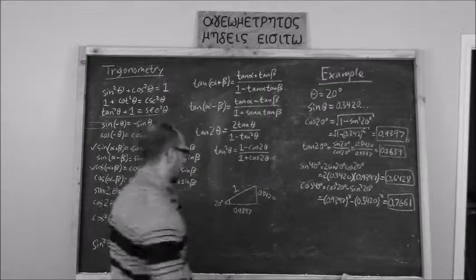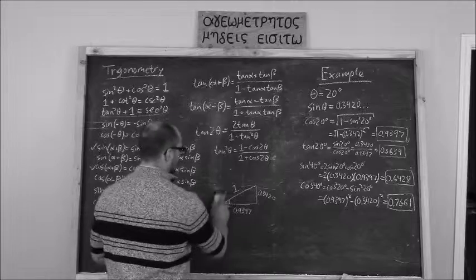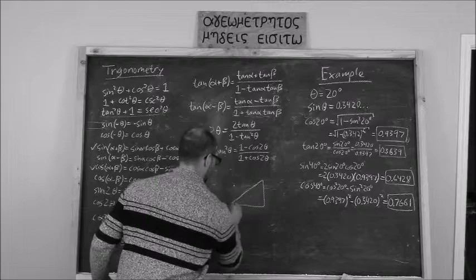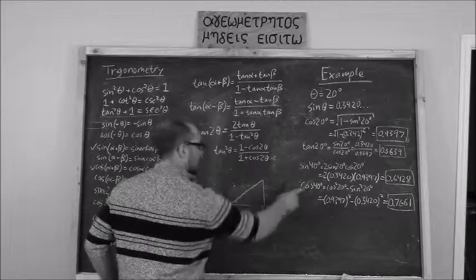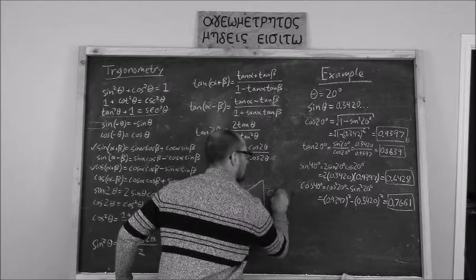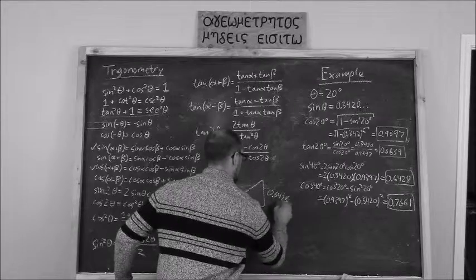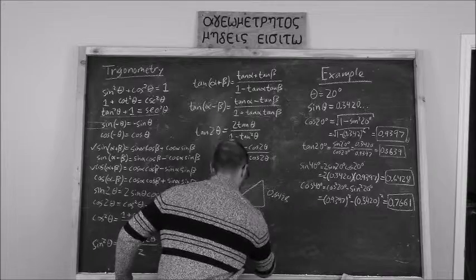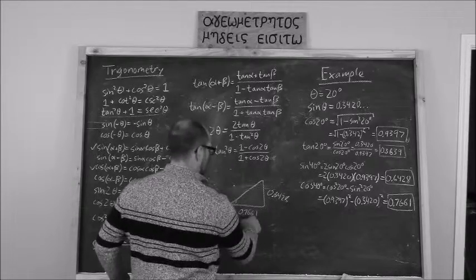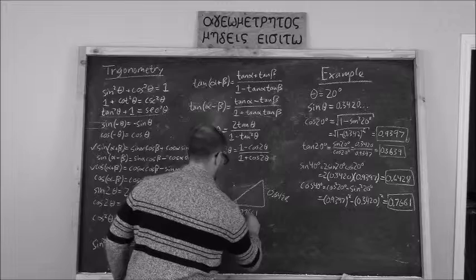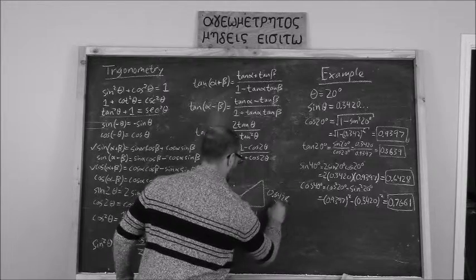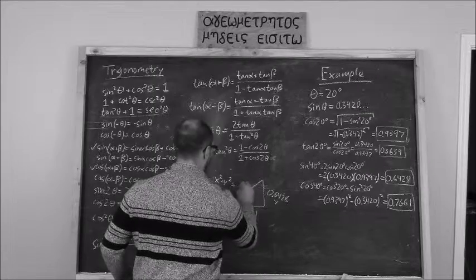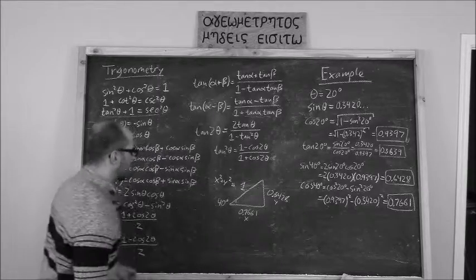Now, what about checking our answer? Okay, let's go back and draw another reference triangle. This time, theta is equal to 40 degrees. Sine is 0.6428, and cosine is 0.7661. Now, I should check that this is x and this is y. X squared plus y squared better equal 1 on my hypotenuse.